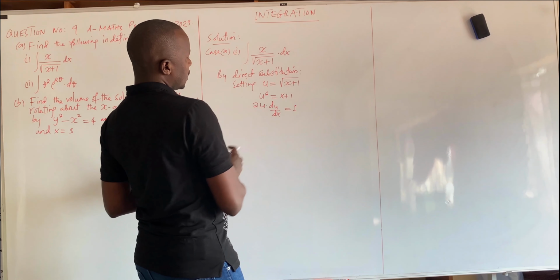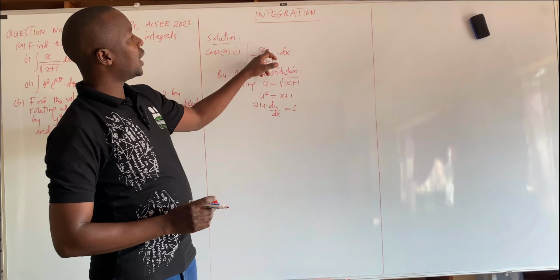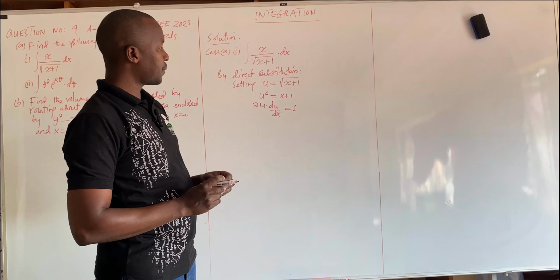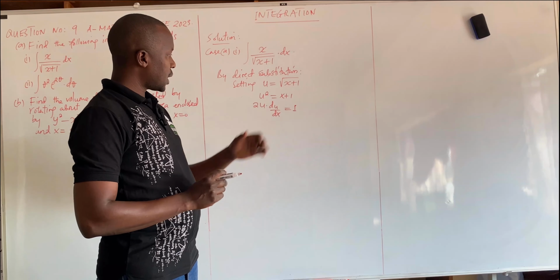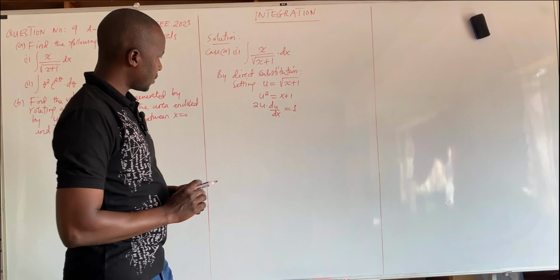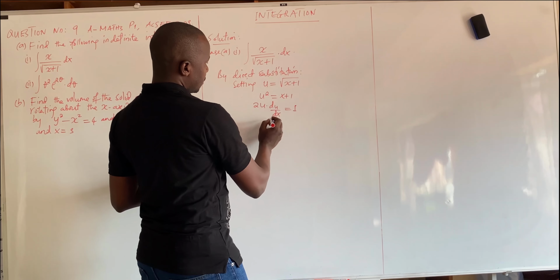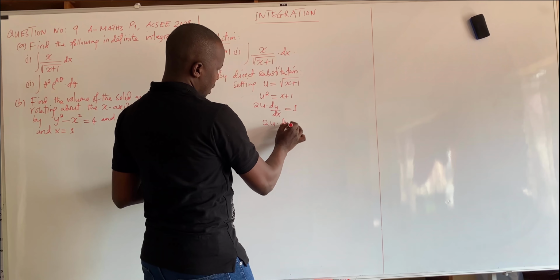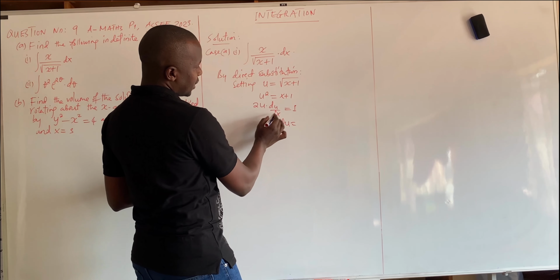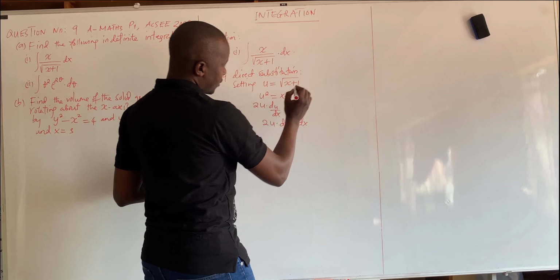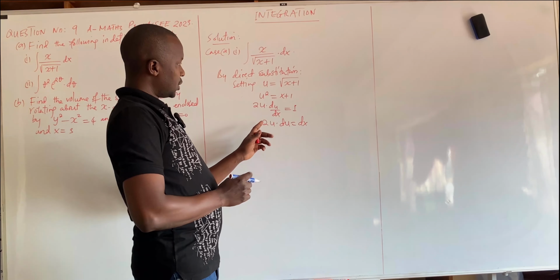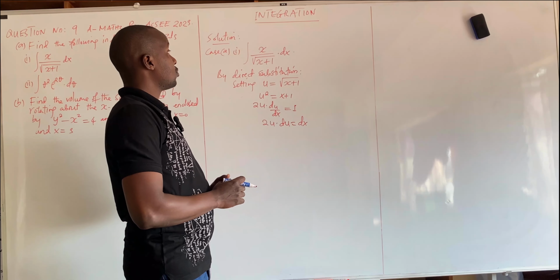Now from there, we can make dx the subject, so we can substitute it in terms of the other variable. So 2u du equals dx, once multiplied by dx on both sides. So now dx is replaced by 2u du.